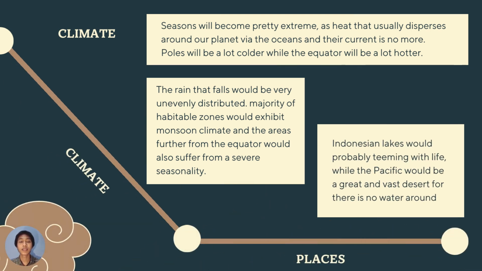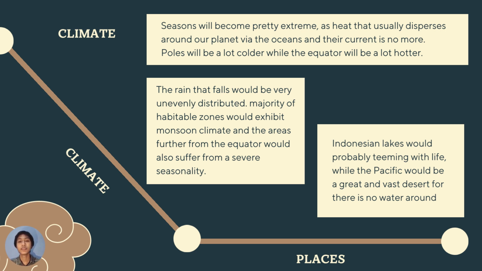On the climate side, seasons will become pretty extreme, as heat usually disperses around our planet via the oceans and their currents, which are no more. Poles will be a lot colder while the equator will be a lot hotter. The rain that falls will be very unevenly distributed. The majority of habitable zones will exhibit monsoon climate, and the areas further from the equator would also suffer from severe seasonality.